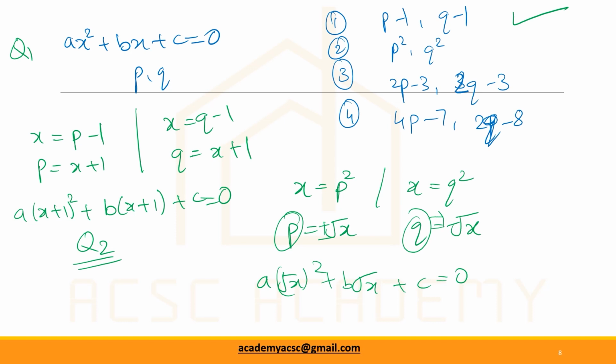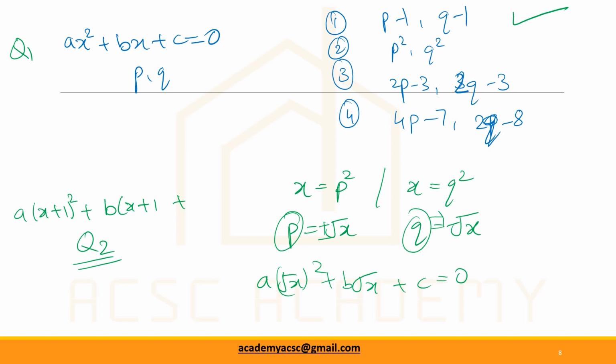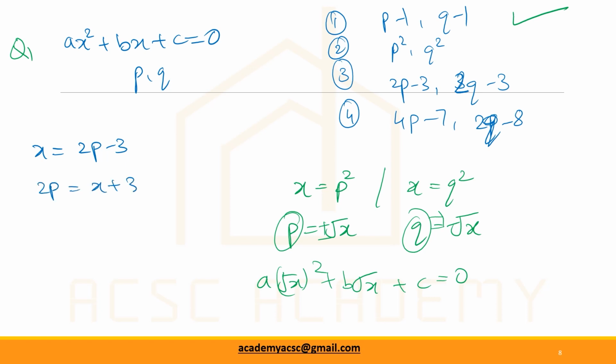Then for the third one, we'll do the same thing. They are linear equations, so it will be easy to find the values as a function of x. When it becomes quadratic and higher powers, then it is difficult. So here again, we'll write x equal to 2p minus 3 or 2q minus 3. As a result, we will get 2p equal to x plus 3, or p equal to (x plus 3) by 2.